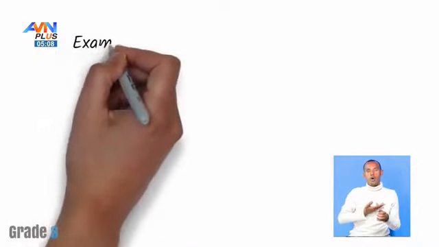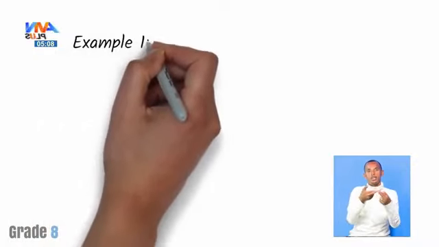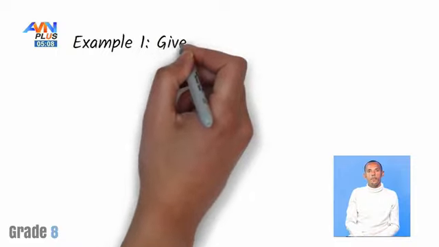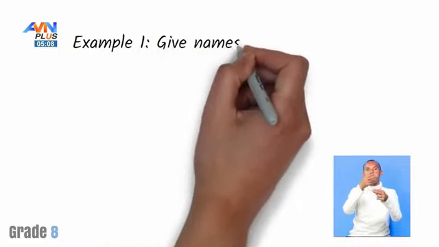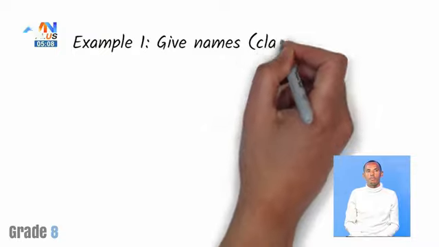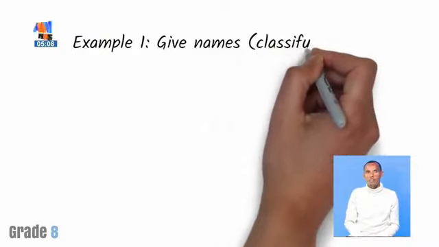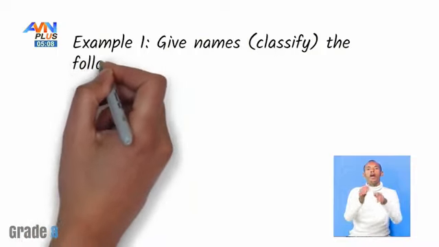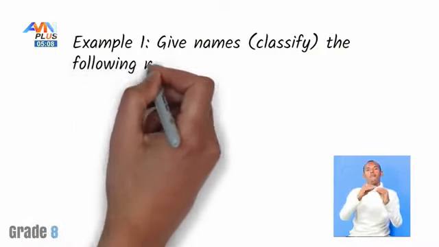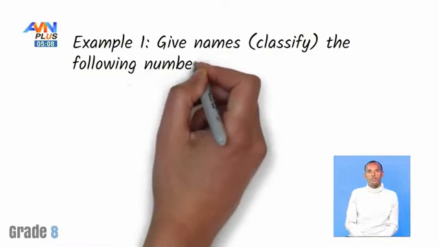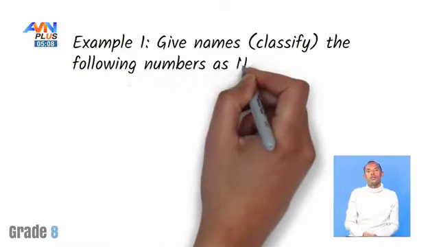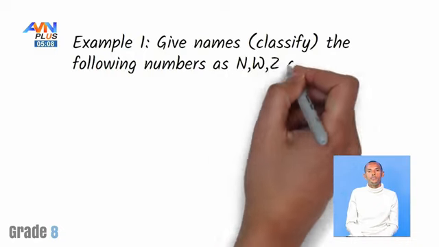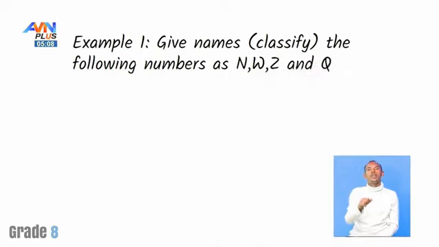So our first example regarding this relationship is: give names or classify the following numbers as natural number, whole number, integer, and rational number.